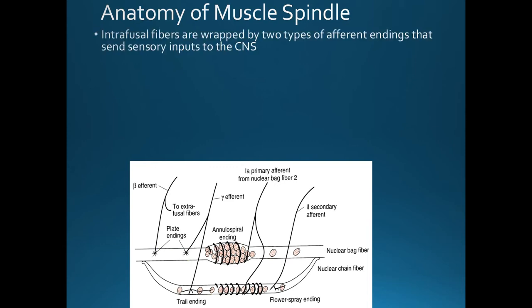Intrafusal fibers are wrapped by two types of sensory ending that send sensory input to the CNS.